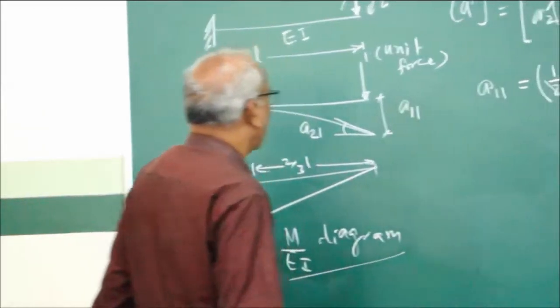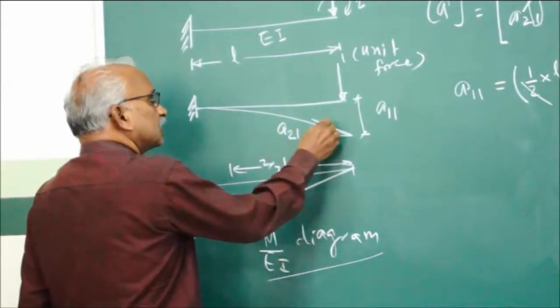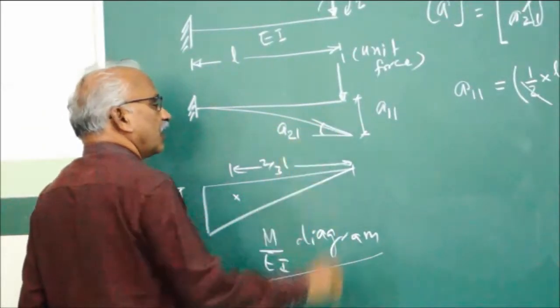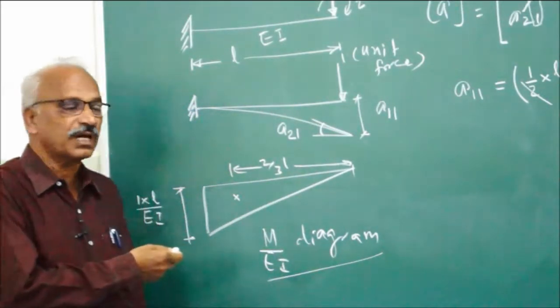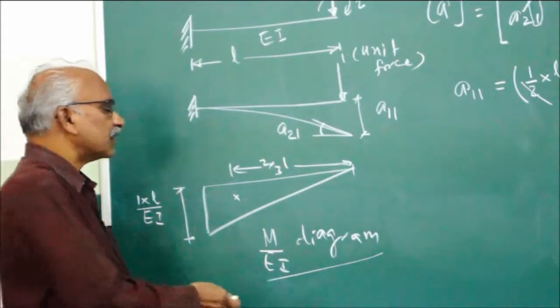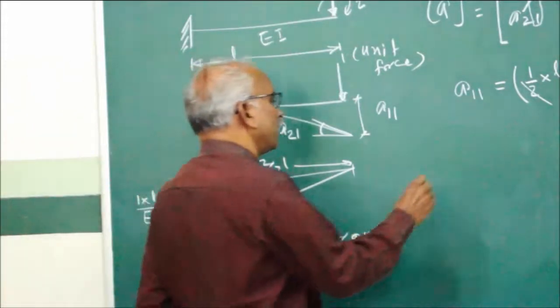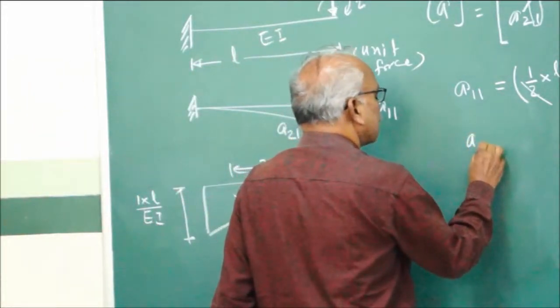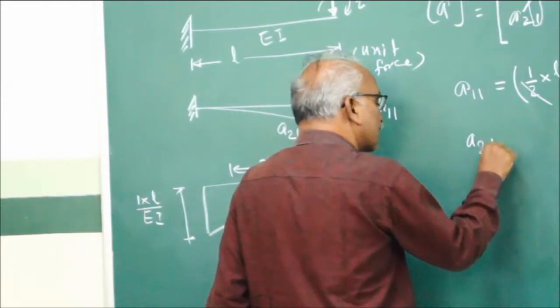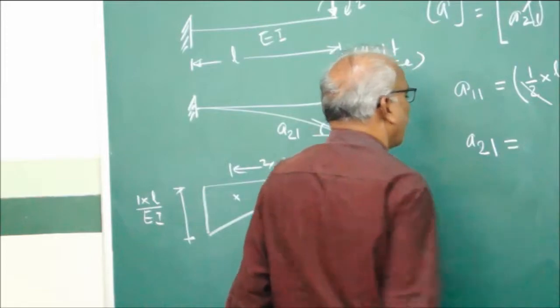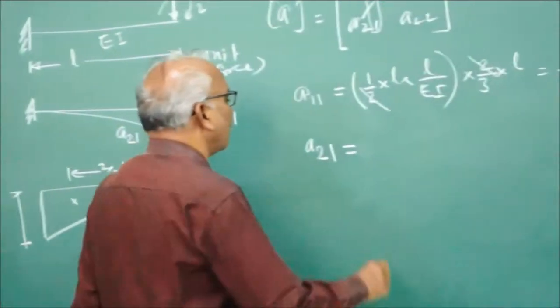So, next A21. A21 is the rotation. That is given by the slope of rotation. That is given by the area of the M by EI diagram. So, A21, rotation or displacement along coordinate 2 due to unit force along 1, is given by the area of the M by EI diagram.